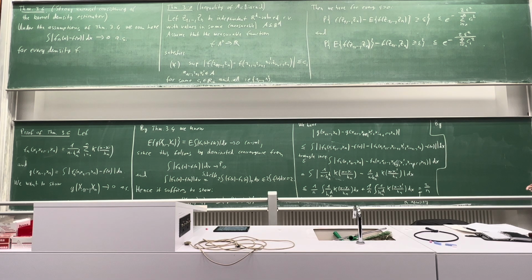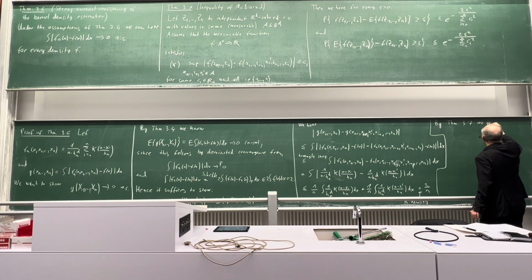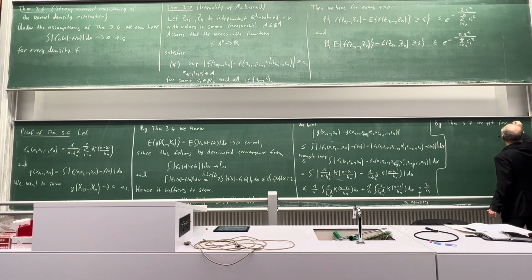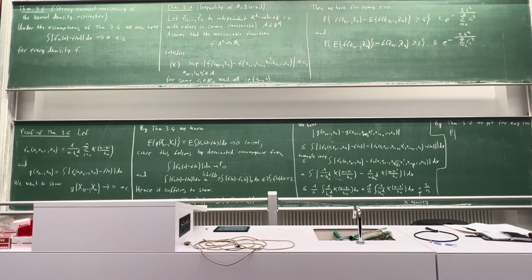By theorem 3.7, for any epsilon greater than 0, what I want to show is that g of capital X1 to Xn minus its expectation goes to 0.